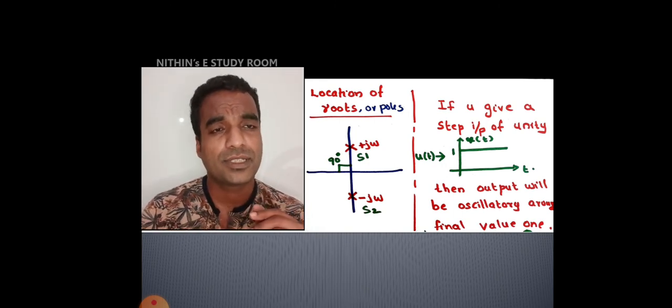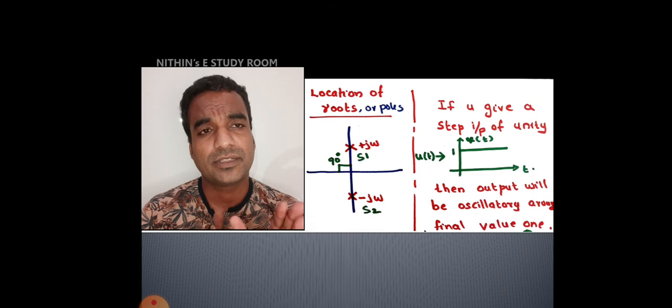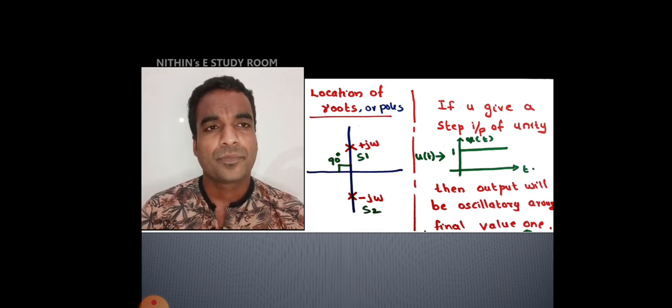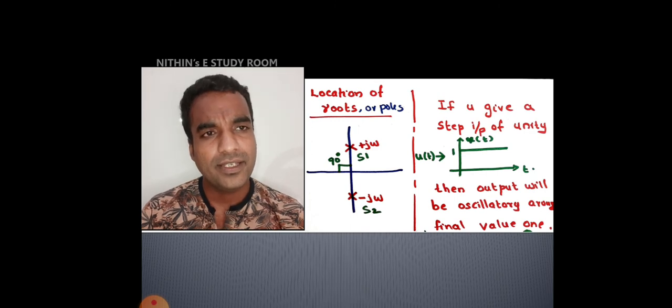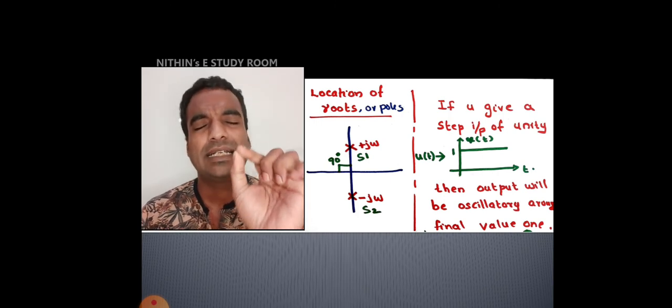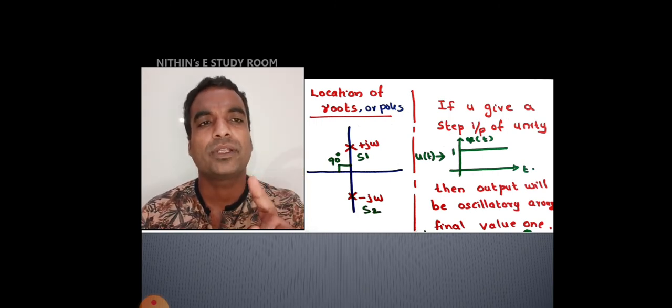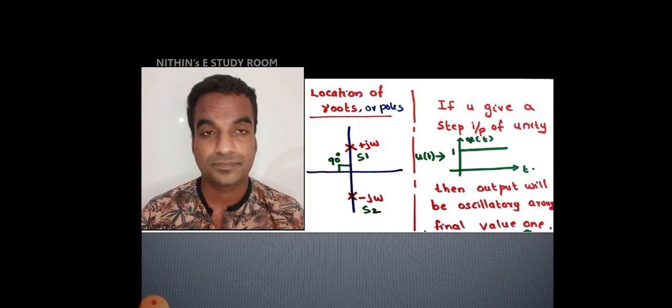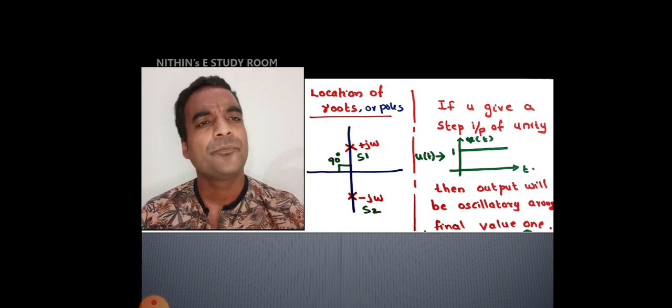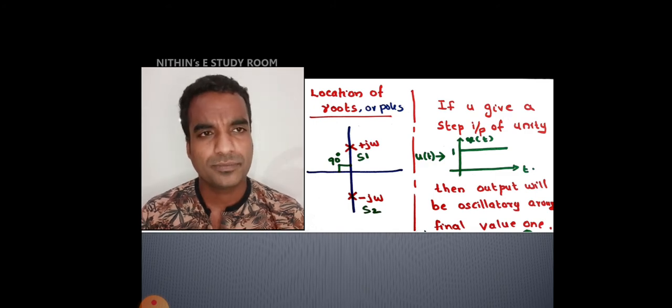At that class we saw that if a system has poles on the imaginary axis, it may give bounded output for bounded input, but for some particular bounded input, it will give unbounded output. That was the concept. Anyhow, if you are giving a step input, it will give some bounded output.